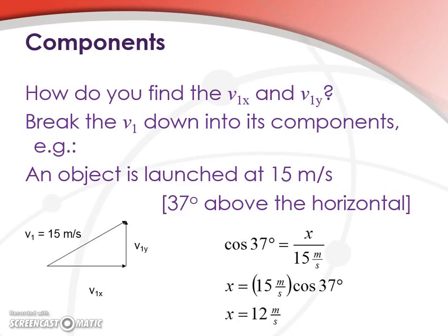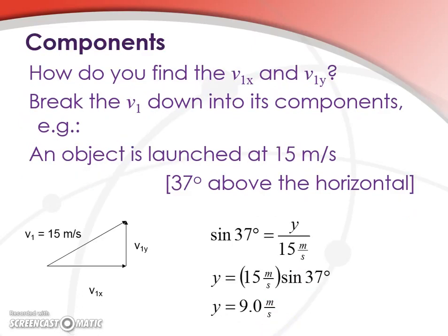And in this case, to get the horizontal velocity, cos 37 degrees equals x over 15 meters per second. Rearrange the equation to get x equals 15 meters per second times cos 37 degrees, or x equals 12 meters per second. Similarly, we can treat the y case. So sine 37 degrees equals y over 15 meters per second.